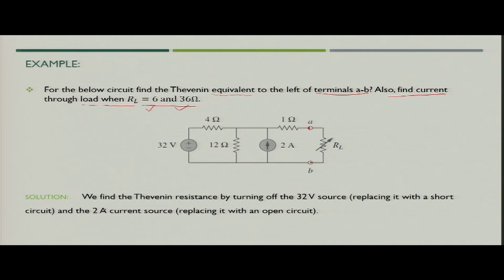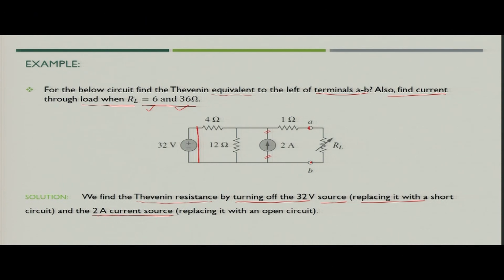Now, how will we do it? We find the Thevenin resistance by turning off the 32 volt source. When you turn off the voltage source, it becomes short circuited, and we have another source, the 2 ampere current source, which we will simply make open circuit.